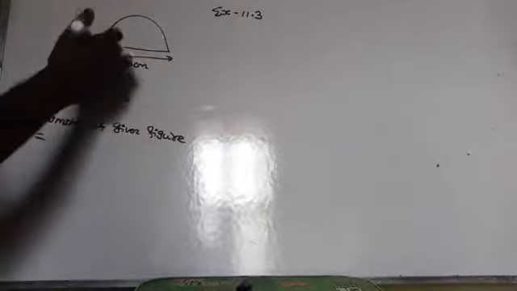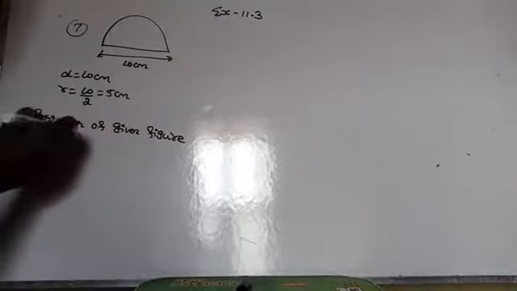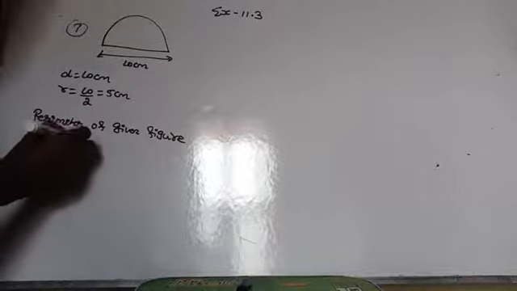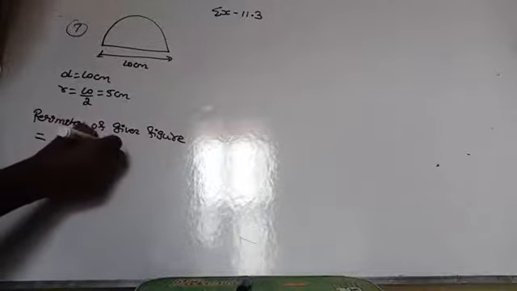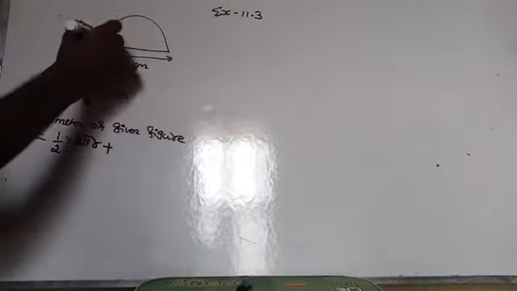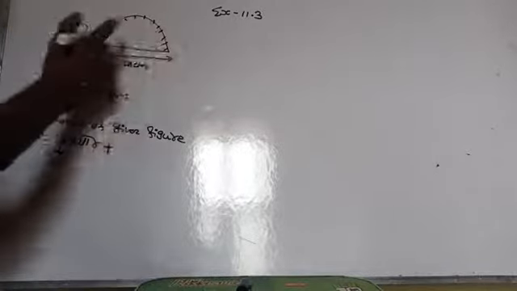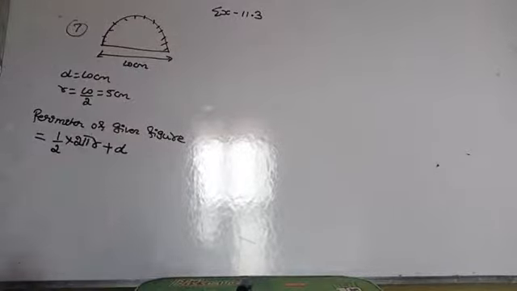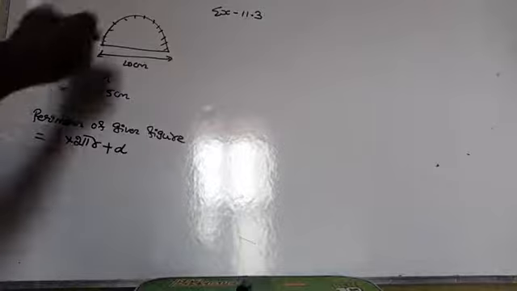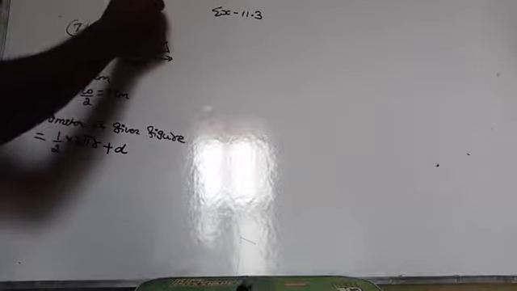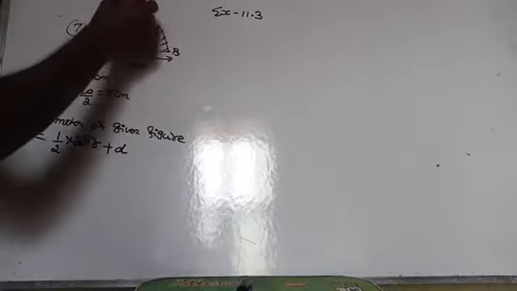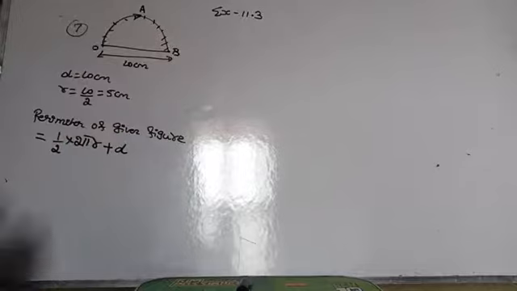What is the circumference of the circle? 2 pi r. So half of 2 pi r plus, from here to here, this is half of 2 pi r. Then here it is nothing but the diameter, from here to here. O, it is A, it is B. That means arc OAB plus OB. Am I right?